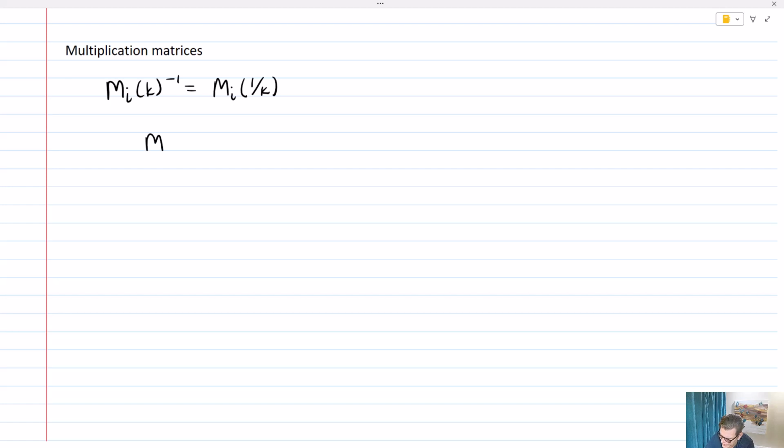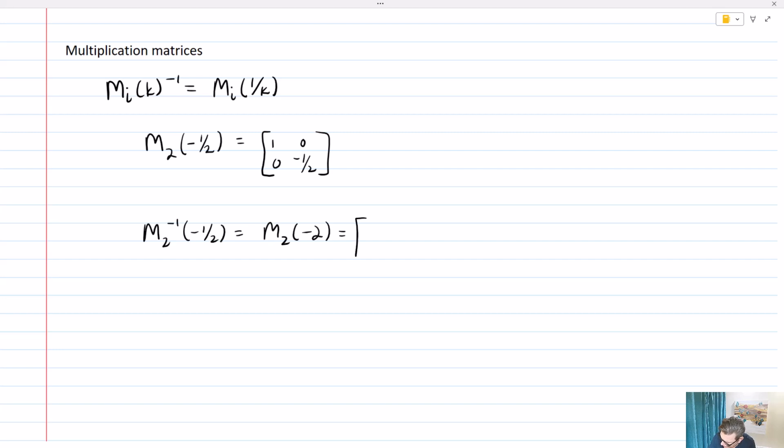So for example, if I take M2 of negative 1/2, as a 2 by 2 that's 1, 0, 0, negative 1/2. Its inverse, M2 of negative 1/2 inverse, is going to equal M2 of negative 2, and that'll be 1, 0, 0, negative 2.